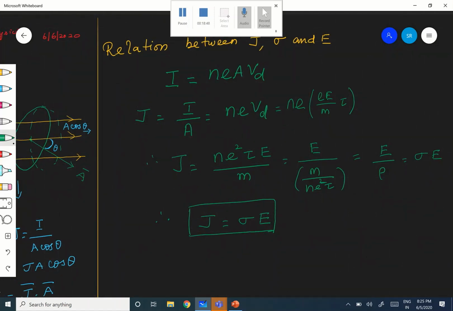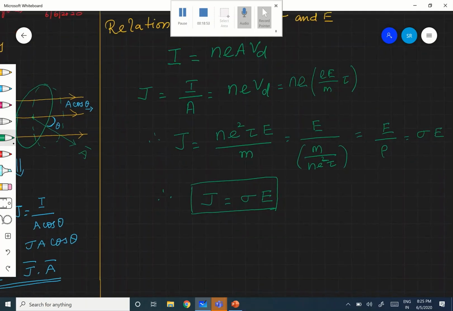As I told you, this expression is very, very important. Why? That we will see now. J, what is J? Once again, I by A. J is written as I by A, that is equal to sigma into E. In terms of potential difference, E is V by L, where L is the length of the conductor.